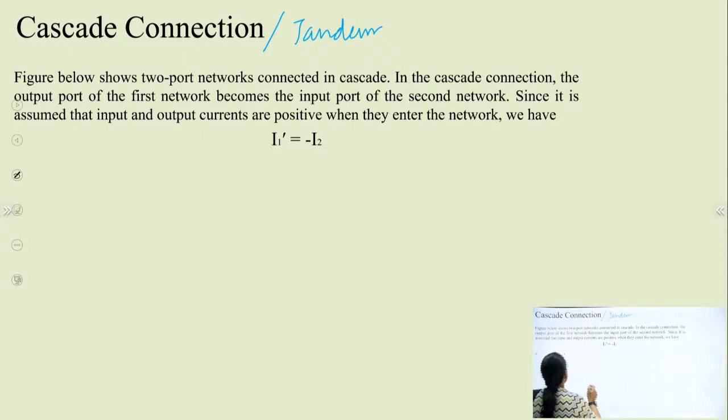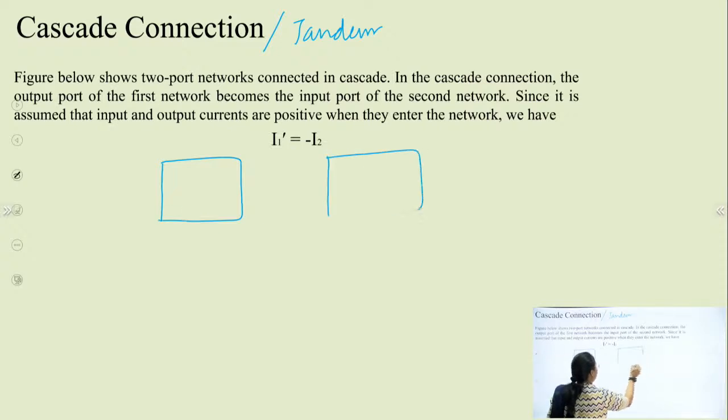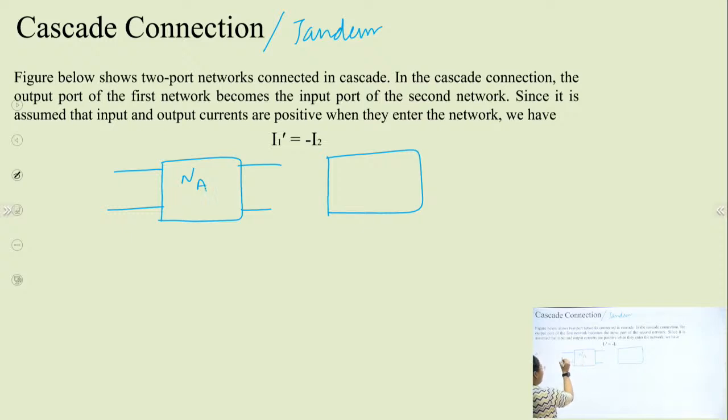Okay. So I am drawing the two-port network and making them in cascade. This is network A, which is having voltage V1A and current I1A. This is the output voltage V2A, and this is current I2A.